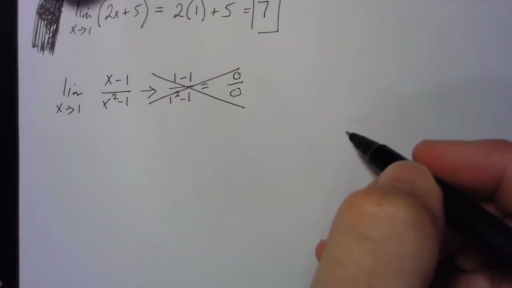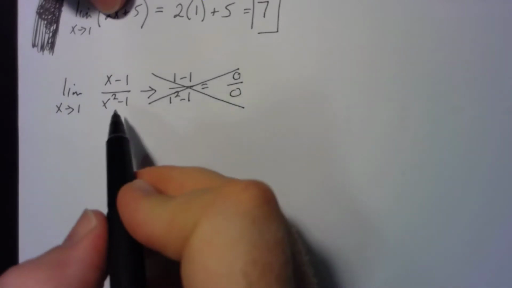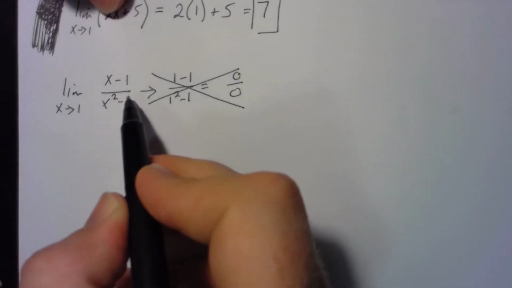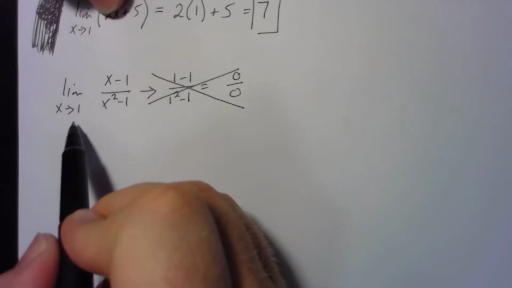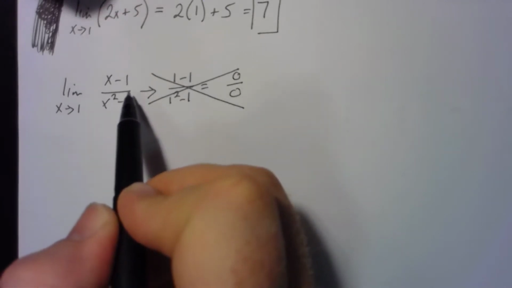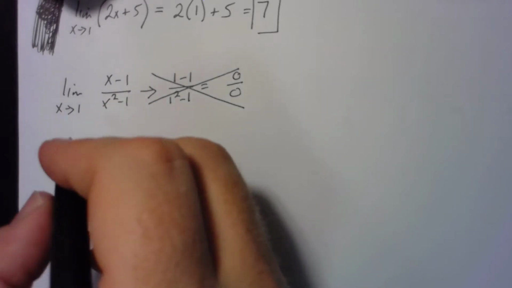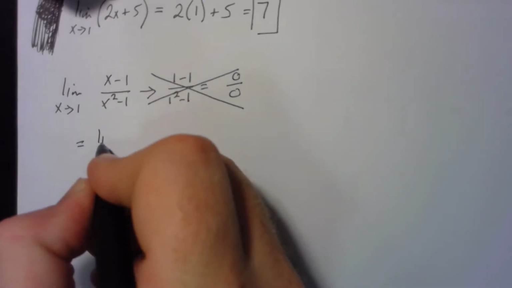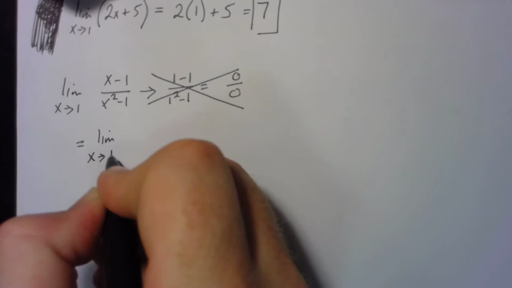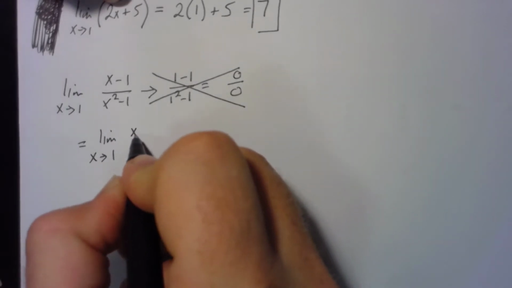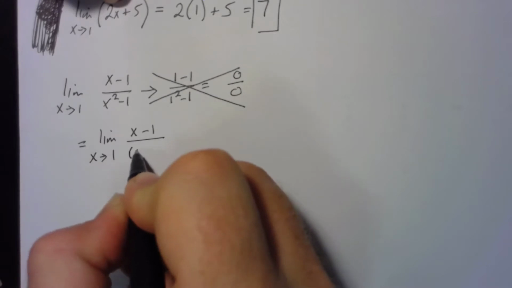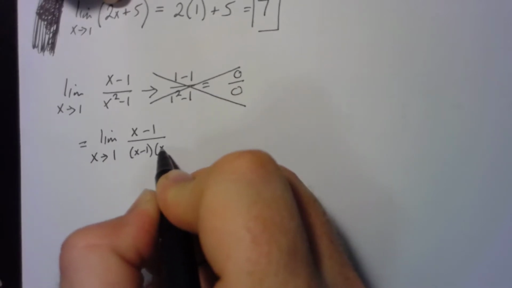However, there are algebraic methods in which we can manipulate and simplify this function such that the behavior of this function near 1 will be the same as the behavior of the simplified function. So in this case, inside of the limit, making sure that I don't eliminate the limit, I'm going to factor everything that I can, in which case the bottom becomes x minus 1, x plus 1.